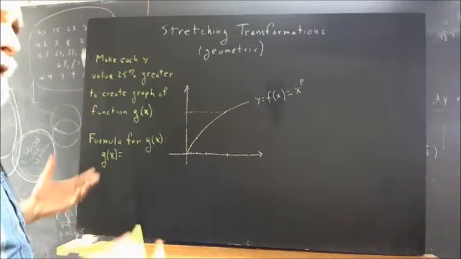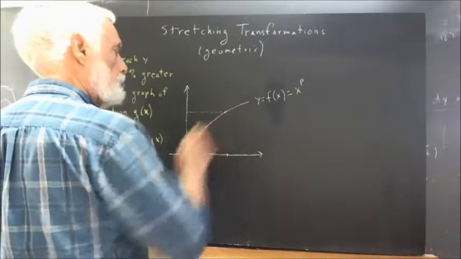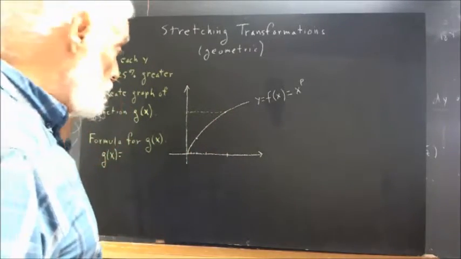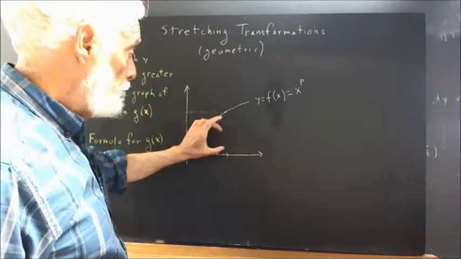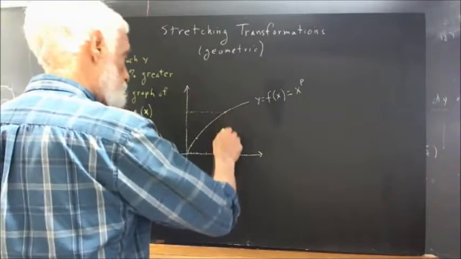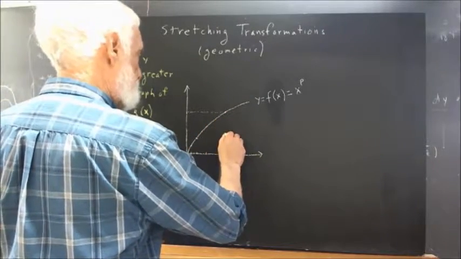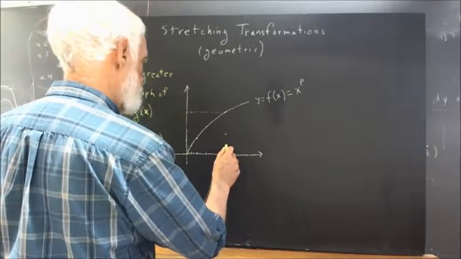And we can actually construct this geometrically. We can use a straight edge and a compass to bisect the interval from here to here, and then bisect that interval. So if we bisect the interval twice, we're going to get a value here, and we're going to get a value here.